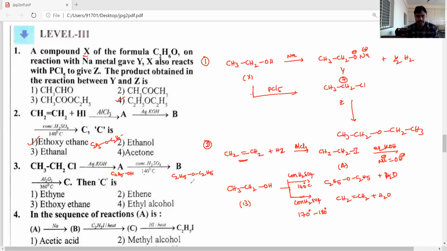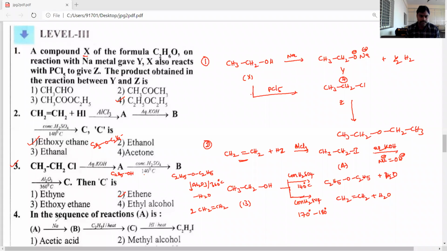This is treated with Al2O3 at 360 degrees centigrade, high temperature, with loss of water molecule, and produces 2 moles of ethene, CH2=CH2. Now the third question answer is ethene. The second option is correct.